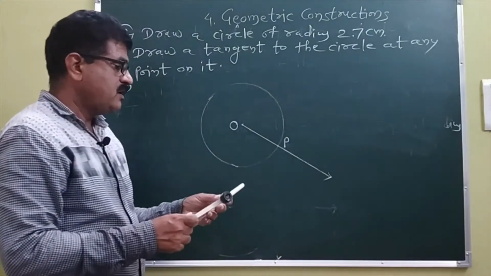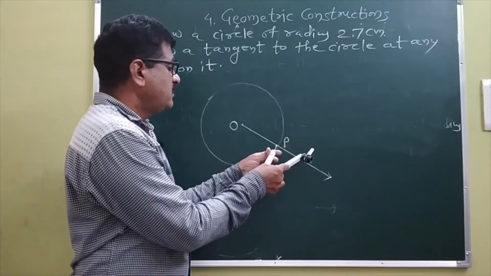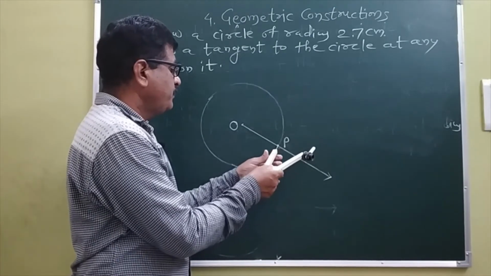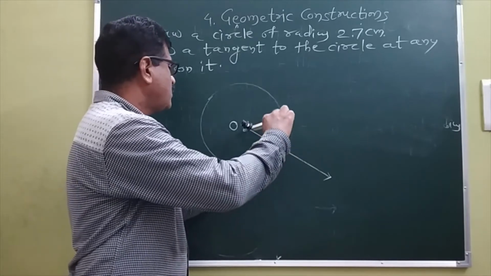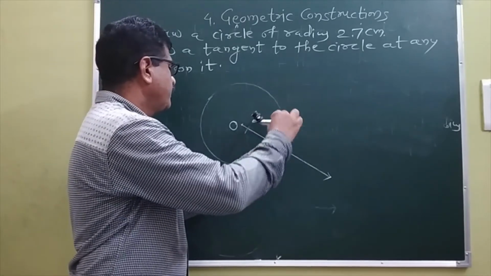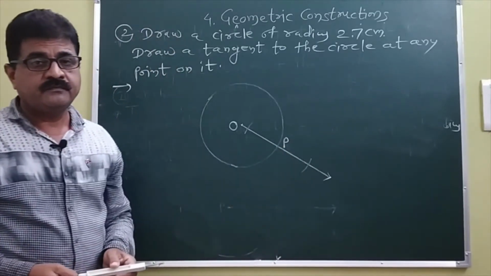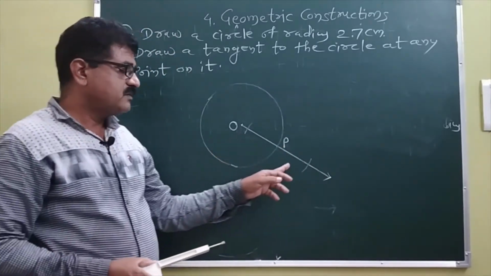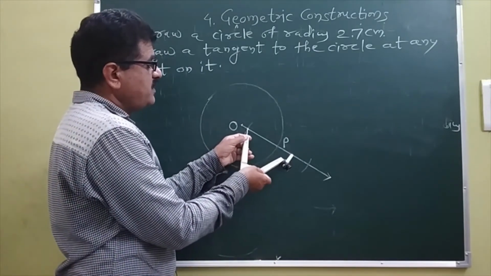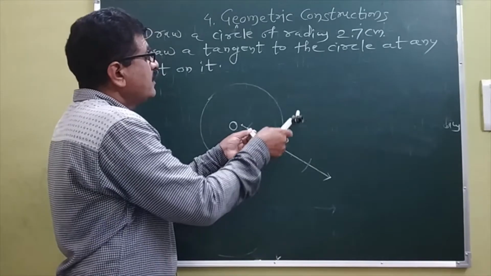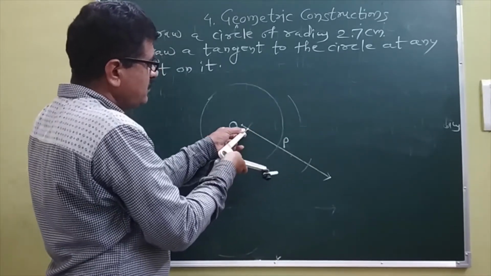Now we know how to construct a tangent at point P. Keep one point of the compass at point P and draw arcs on both sides of this point at the same distance. Now take more than half of this distance. Draw arcs above and below.